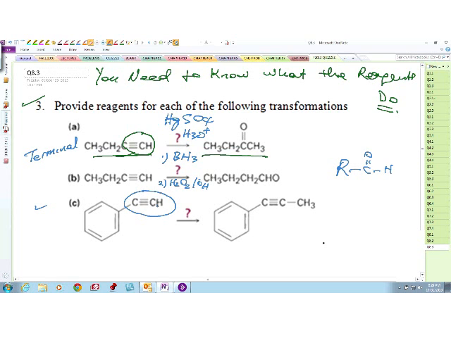So what reagent do we need to do that? KOH. Okay, what does KOH do to this? It puts a negative charge on the carbon. So you want to form the acetylide type anion. So this is a two-step process.